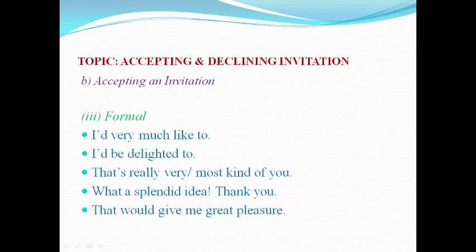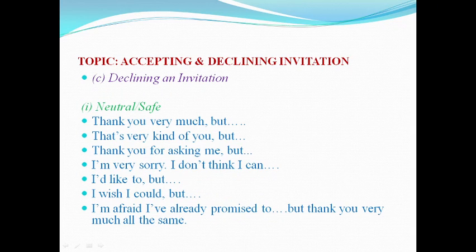The formal way depends on the relation you have with the person who is inviting you. The age factor, gender factor, and the social or official position of the person who is inviting you determine the formal and informal ways of accepting and using the language.